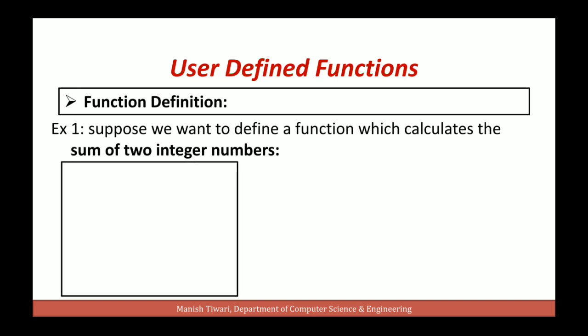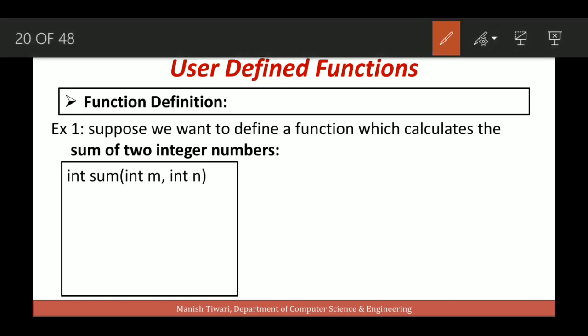If we want to define this function, first we will use this header, and you see this header contains first the type of output, that is the return type, the name of this function sum, and the type of inputs for this function, and both types are integer here. But in the definition we will write the names of these inputs also.